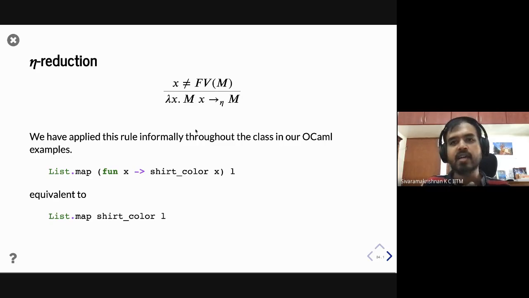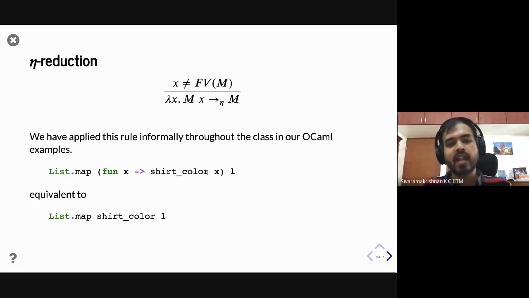Actually, we've done that in an example when we first looked at higher order functions. We had this example of shirt color, where I'm using list.map over a list. And the function that I'm mapping is, for every element x, get the shirt color of x.